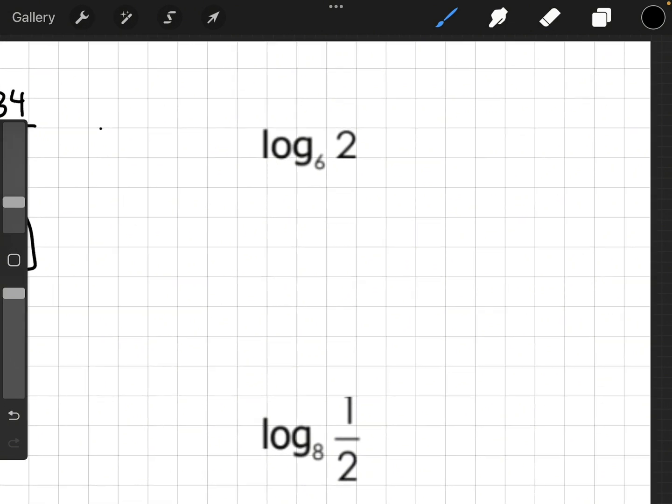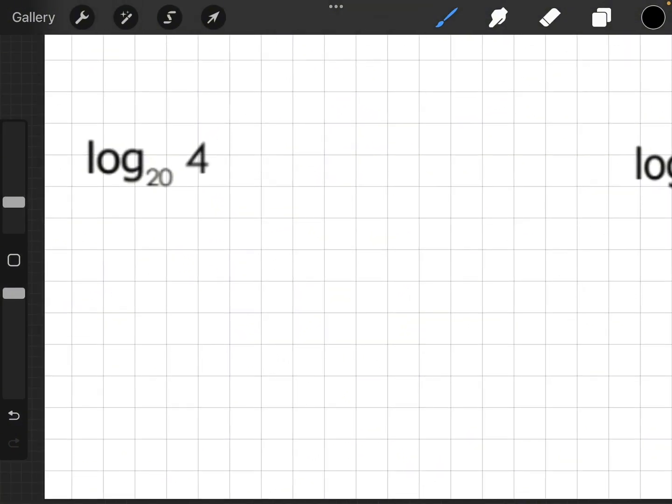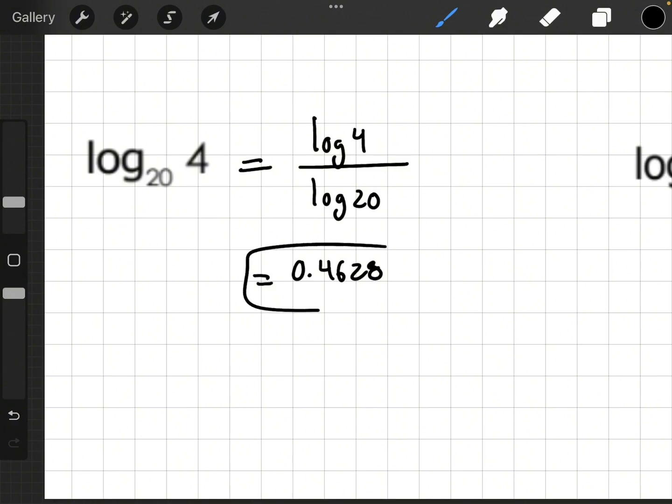We have log base 6 of 2, which is log base 10 of 2 over log base 10 of 6, which equals 0.3869. Log base 20 of 4 is log base 10 of 4 over log base 10 of 20, which equals 0.4628.